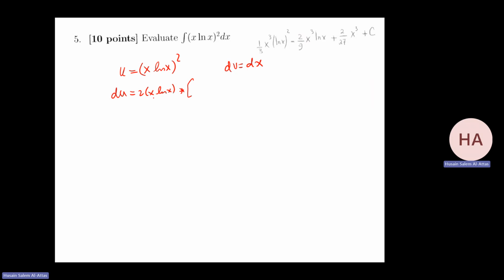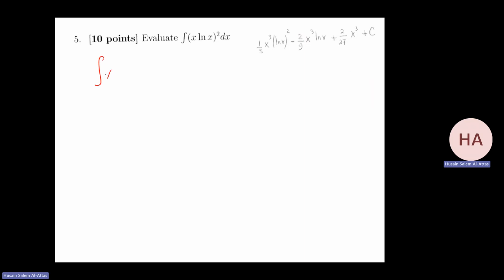That will give me 2x ln x, and this one will give me 1 plus ln x. That will make it complicated. Let me do another way. Let me think about another way. Maybe it will work better.